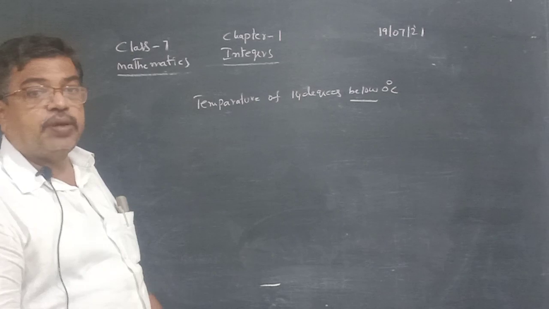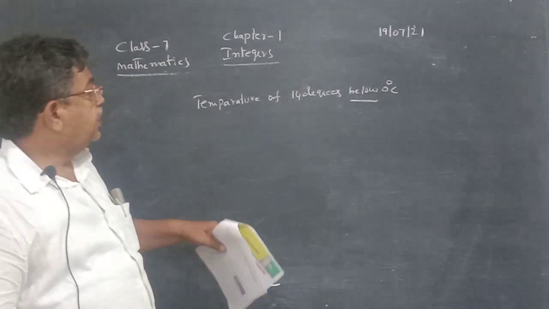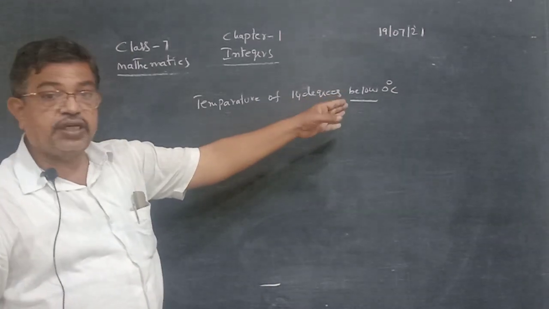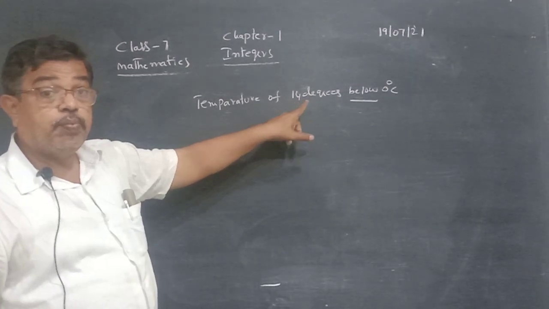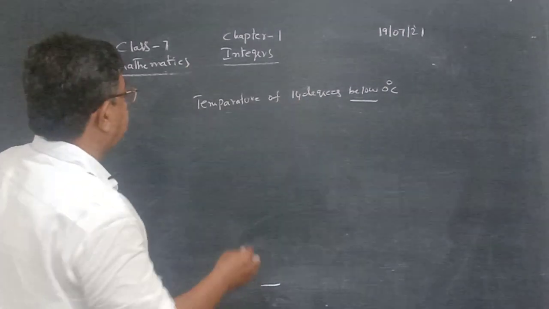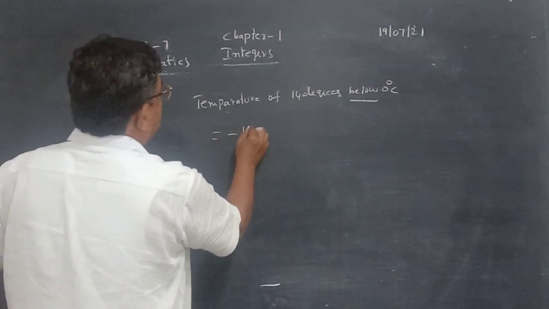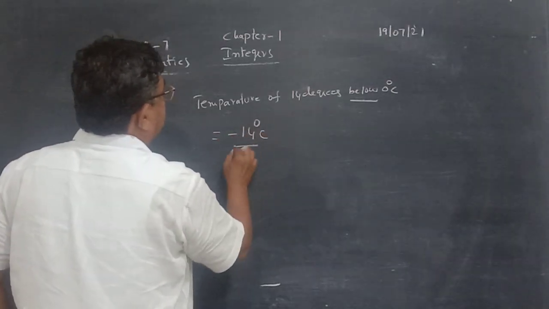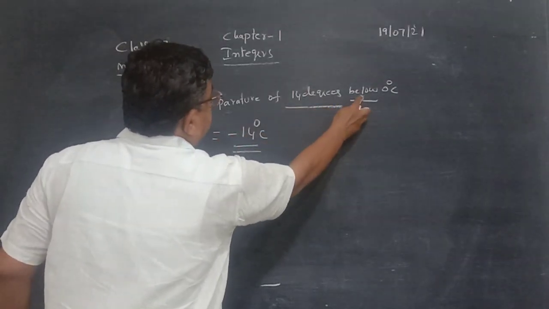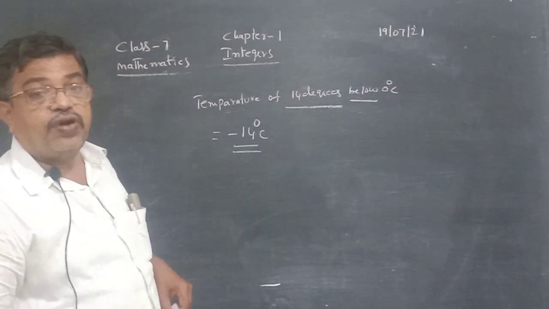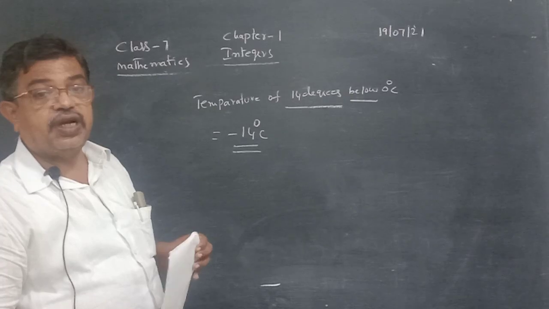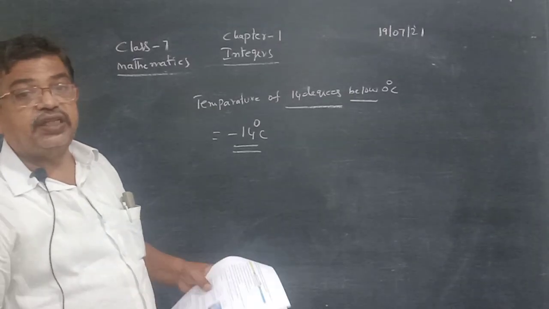If you go to some places in the Himalayas, the temperature is below 0 degrees centigrade, and that too 14 degrees below 0 degrees centigrade. Therefore, the symbolic form is minus 14 degrees centigrade.